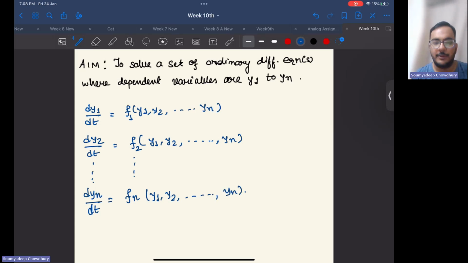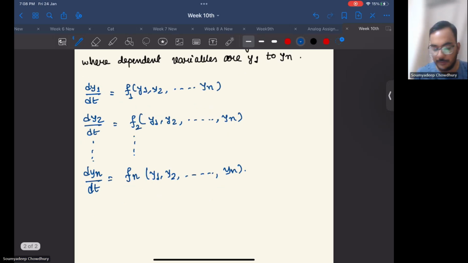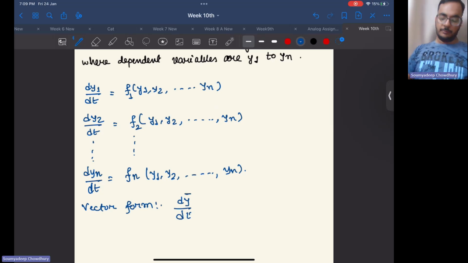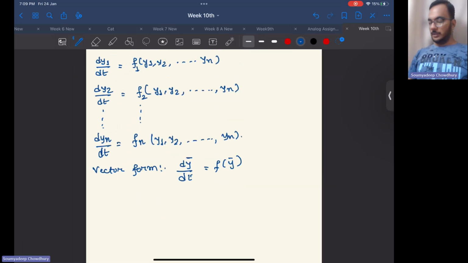So these are the set of differential equations. There are n differential equations in terms of the derivatives of the dependent variables. We can write this in vector or matrix form, where y bar is the set of all the y variables, y1, y2 up to yn. This is the vector form of the differential equations.